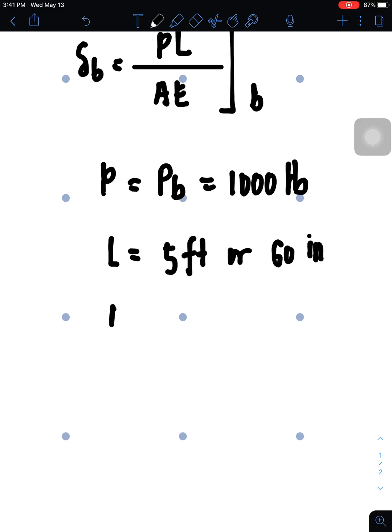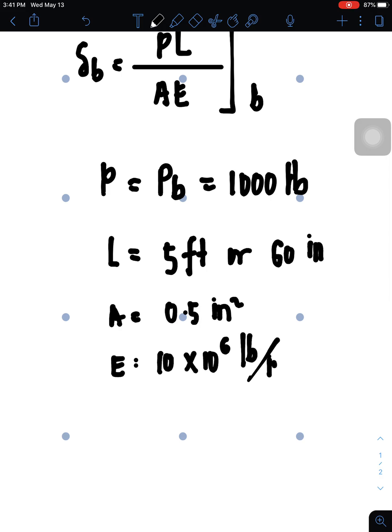Proceed with the area. The area is still the same, 0.5 square inch. And the modulus of elasticity is the same, 10 times 10 to the 6 pounds per square inch.